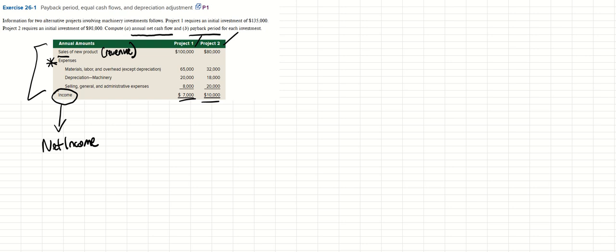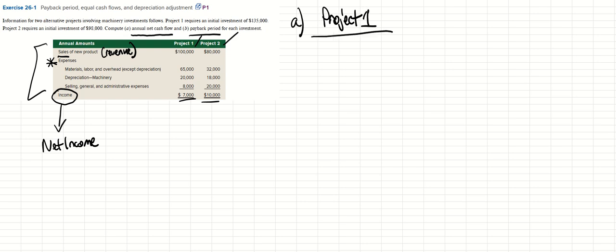For letter A, we are to convert this net income for both projects 1 and 2 into net cash flow. The amounts shown for projects 1 and 2 for revenues and expenses are annual amounts. So let's start with project number 1.